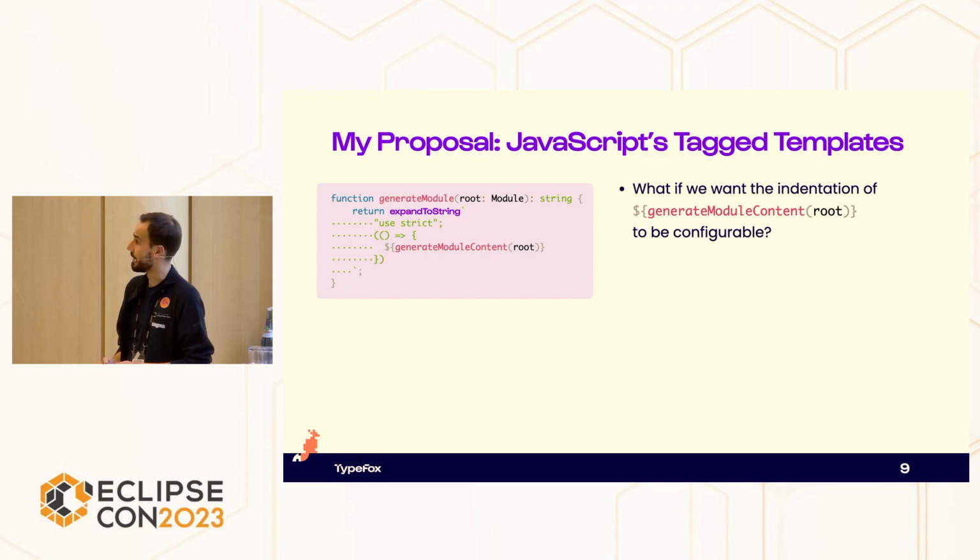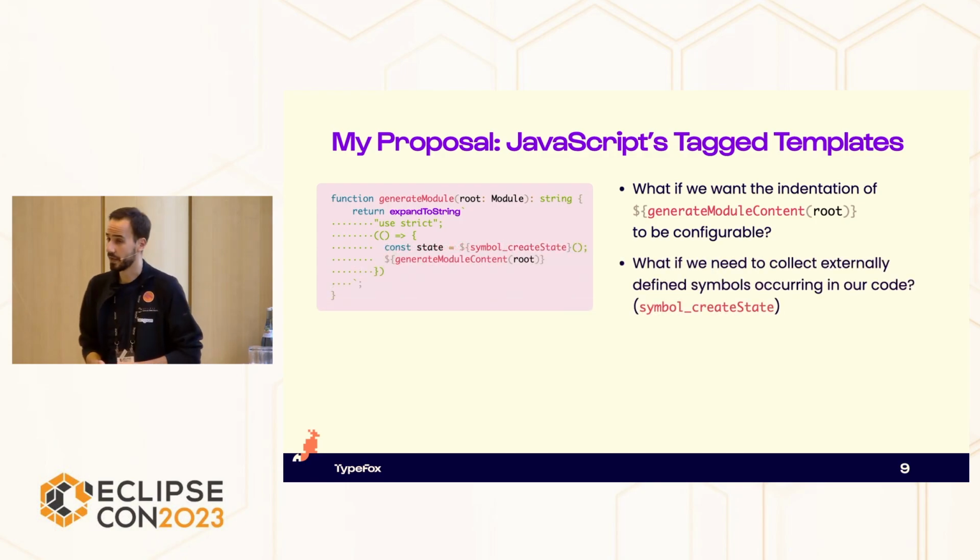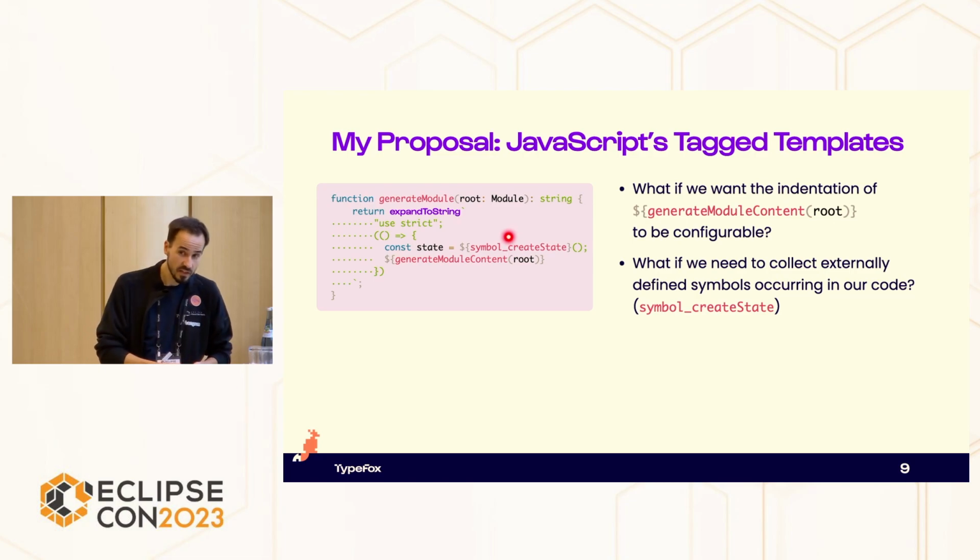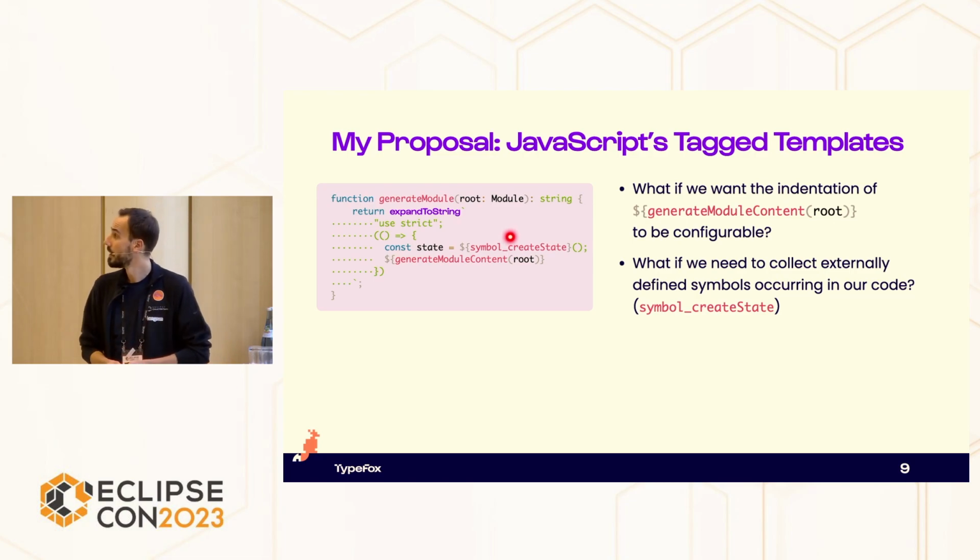I have more things. Imagine our generated code has references to some symbols. Here we have a variable that is to be initialized with a method call, and the method is defined somewhere else, maybe in the runtime code or in other artifacts of our code generator.